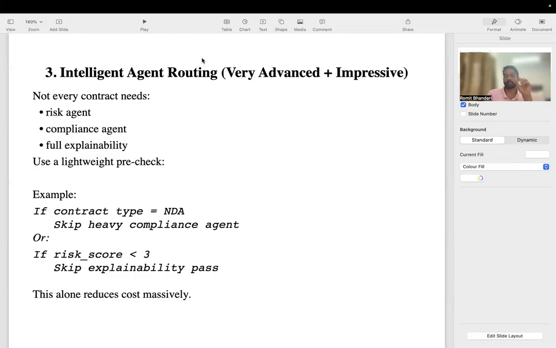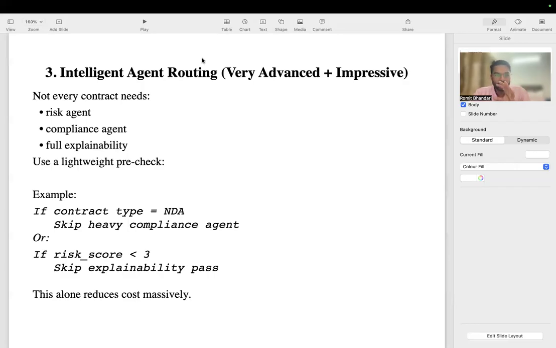Moving on, the third most important strategy is, if we talk about a contract review system, a high risk document process, then you can do something known as intelligent agent routing, where you just don't send the extracted text directly to the risk agent, as I was mentioning, or to the compliance agent.